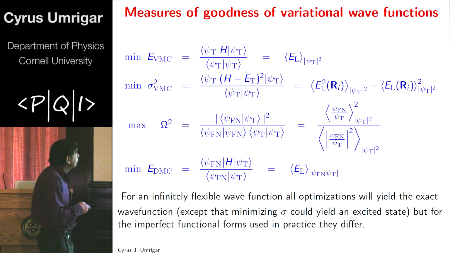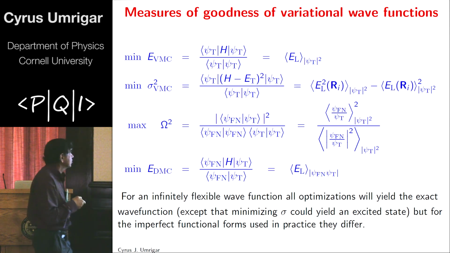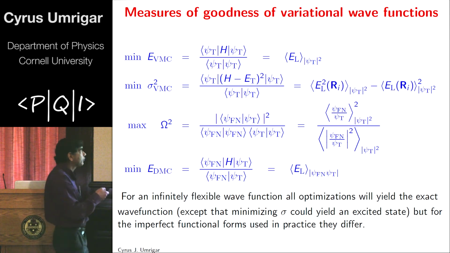Okay, so there are various measures of goodness of variational wave functions. The first and most obvious one is you may want to minimize the variational energy. Another possibility is you may want to minimize the variance of the local energies, right? Because when you have the exact wave function, the variance goes to 0.